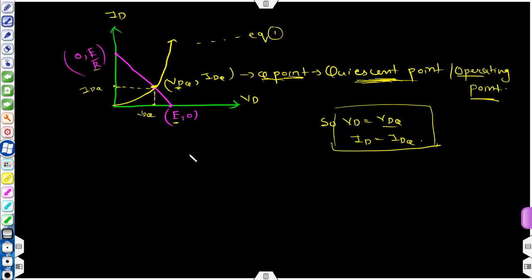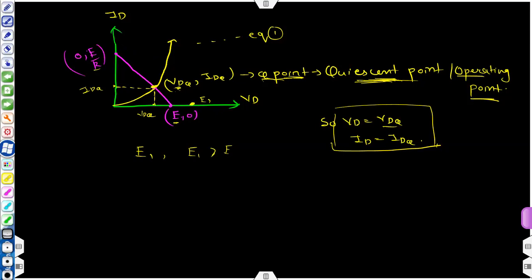Now suppose you change the value of E. Let's say the new value is E1, and E1 is greater than E. So E1 will be somewhat here. This is E, and this yellow dot represents E1.